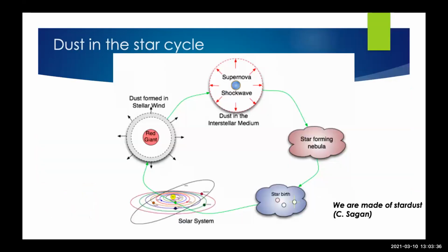Okay, so for people who don't work with interstellar dust every day, this is a very simplified cartoon that explains how dust is formed. Dust is present in every stage of the stellar cycle. Let's start from the molecular cloud where everything begins.